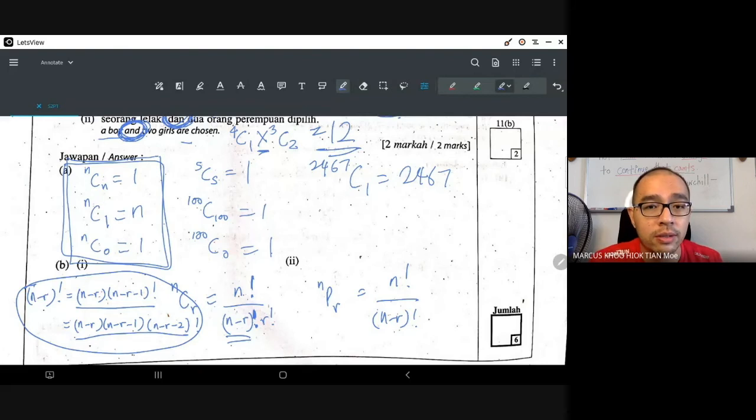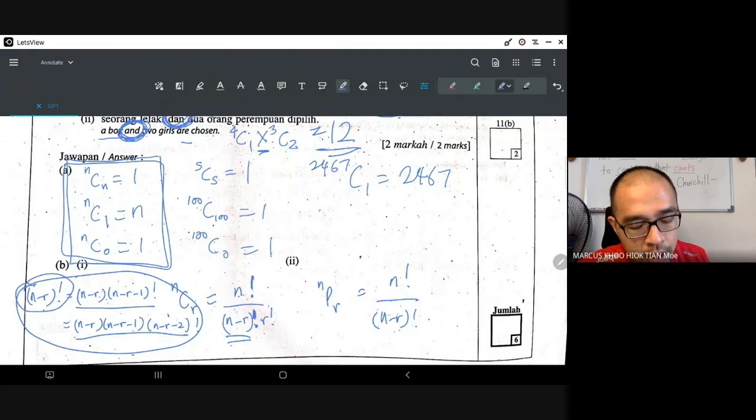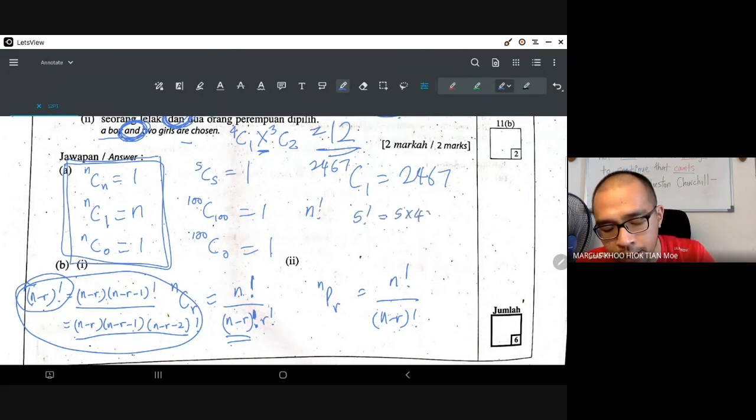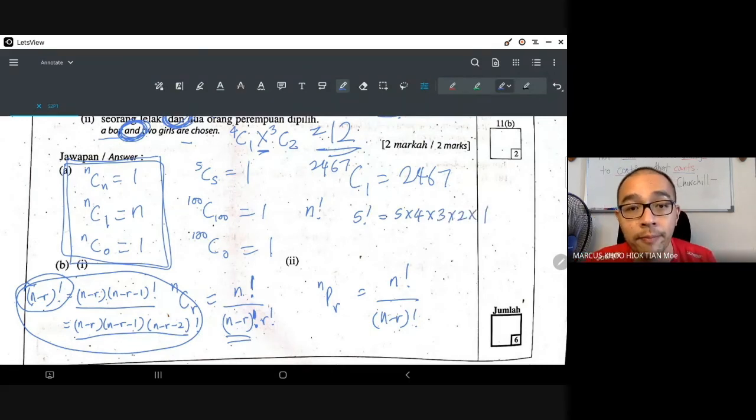For our revision, I'm just going to mention it here, but I don't really have a sample question to talk about this yet. Just remember that we can expand this to a much bigger one. What is the meaning of factorial? Let's say n is 5. 5 factorial means 5 times 4 times 3 times 2 times 1. It always ends at 1.